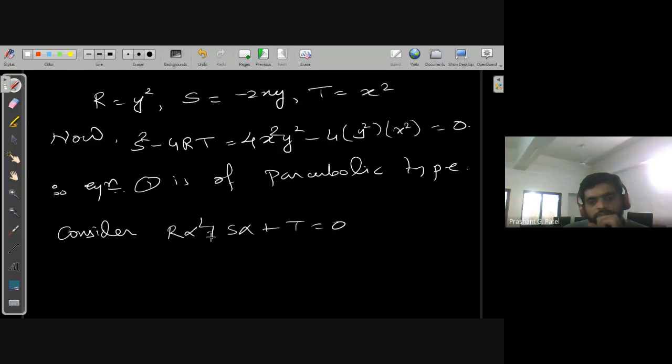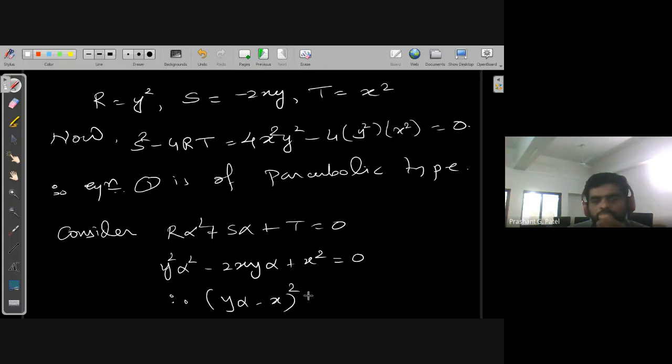Substitute the value of r. So it is y square alpha square minus 2xy alpha plus x square equal to 0. This is a quadratic equation, and you just observe that this is nothing but y alpha minus x whole square equal to 0.